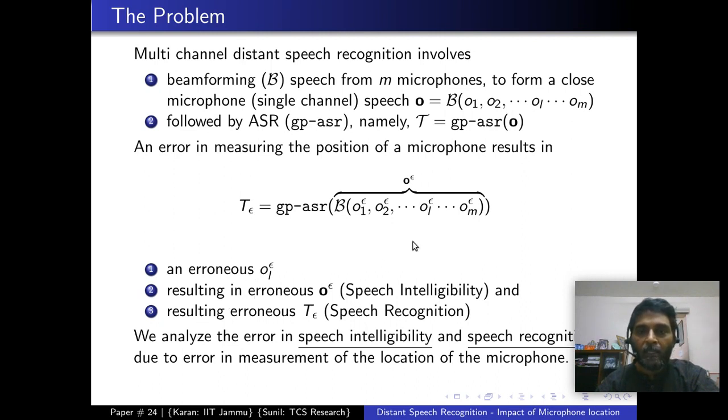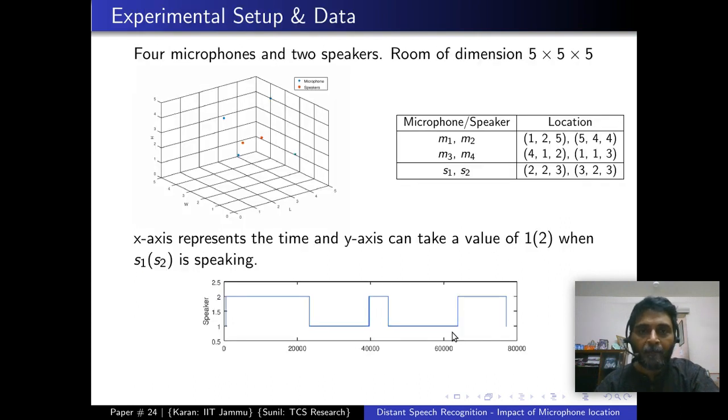One is the erroneous output from each of the microphones, because the error in the microphone position results in erroneous output, which is the speech intelligibility aspect, and then the transcription when it is passed through the speech recognition. So we analyze two things: the speech intelligibility and speech recognition when the microphone positions are inexact.